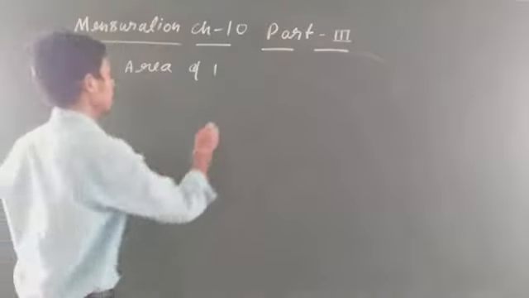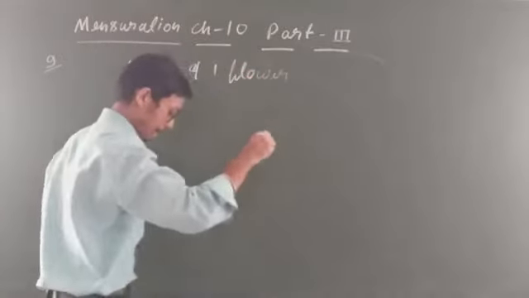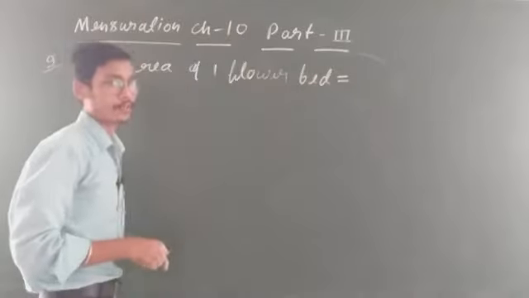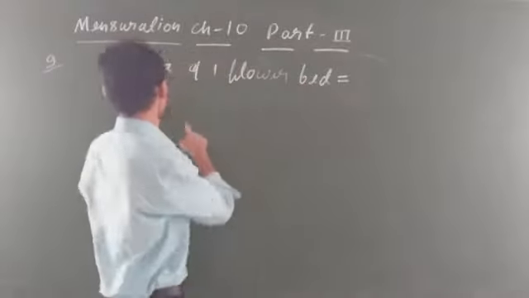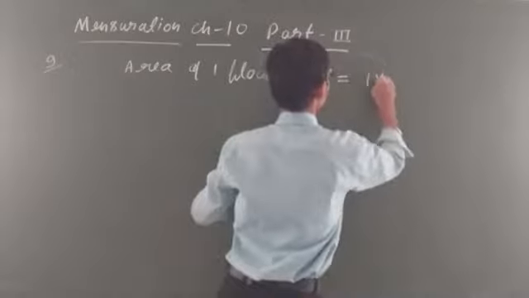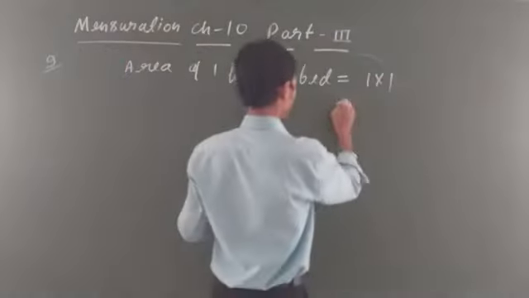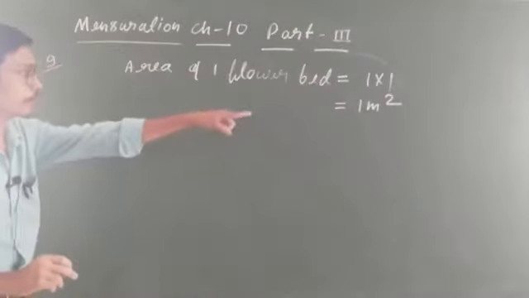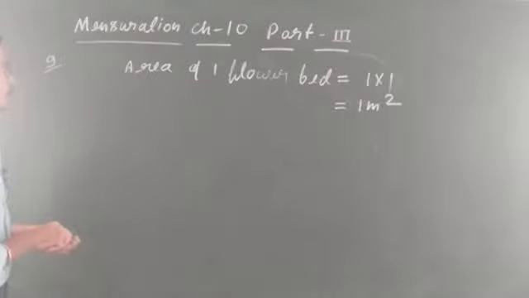Area of one flower bed means the area of a square. We will write 1 into 1, because the area of a square is side times side. This will become 1 meter square. Is everyone clear? Side is 1 meter, so 1 into 1, because it is in the form of a square.